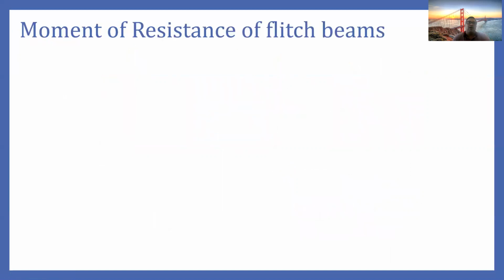Now we will see how we find the moment of resistance of these flitch beams. Because flitch beams are composed of two different materials, their failure pattern may be different, but here we have a common assumption.